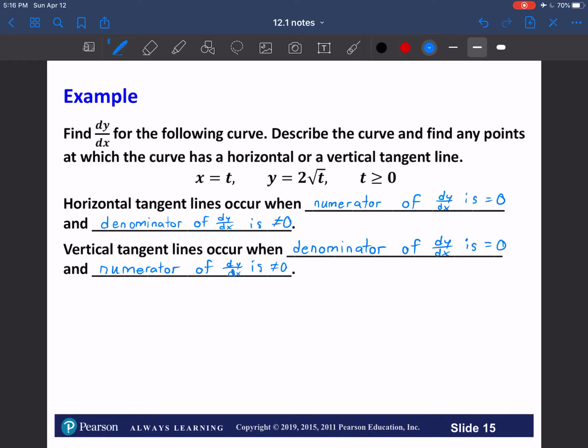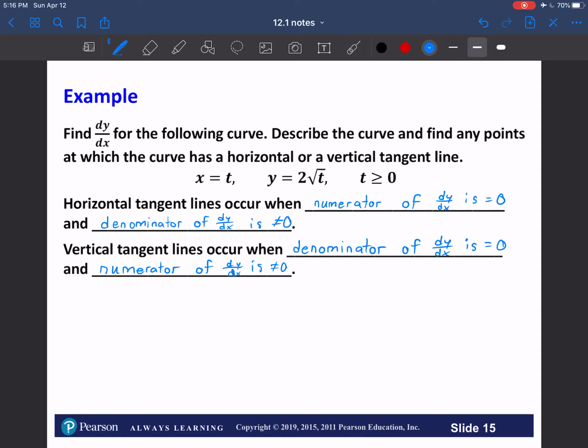And this is not the same thing as saying dy by dt equals 0 and dx by dt is not equal to 0. It is not the same thing as saying that, and we will see that here in this example.